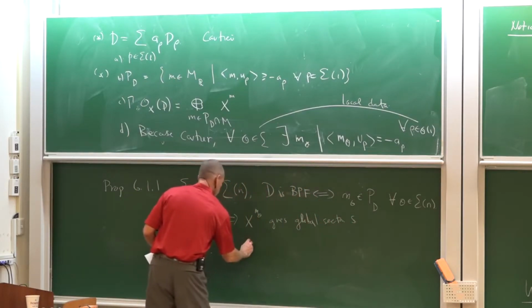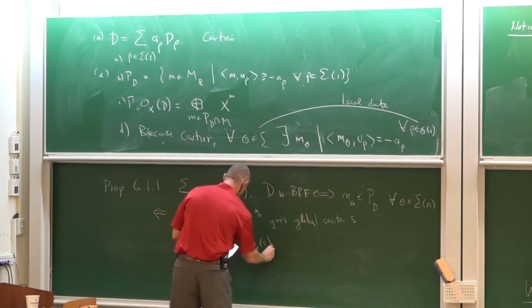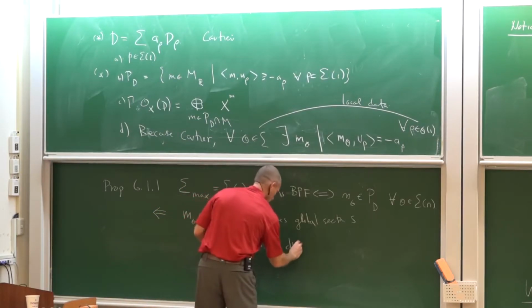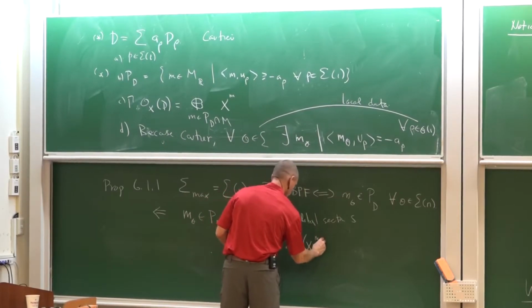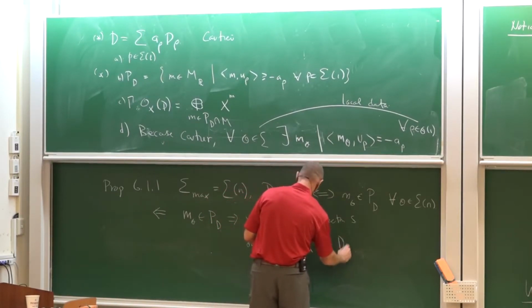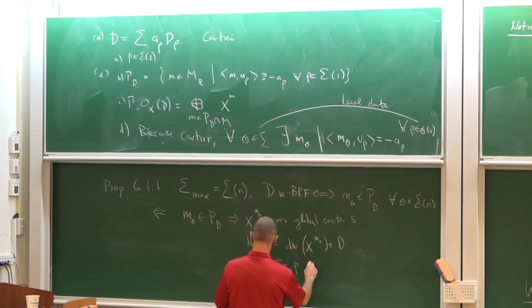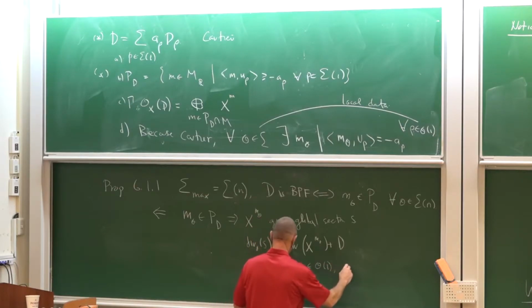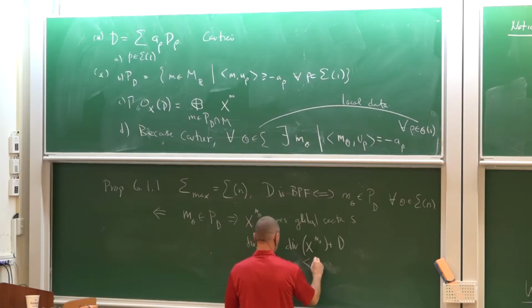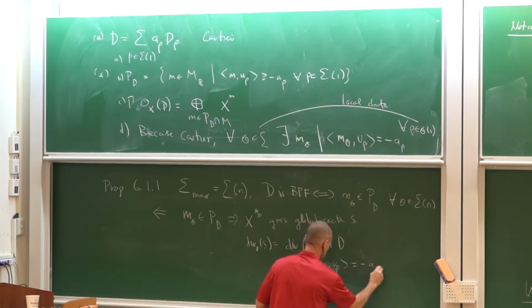Call it S, and we know that div 0 of S is equal to div of chi^m_sigma plus D. And what that means is that for P a point in sigma(1), for all points P, this says that the inner product of m_sigma with u_rho equals minus a_rho.